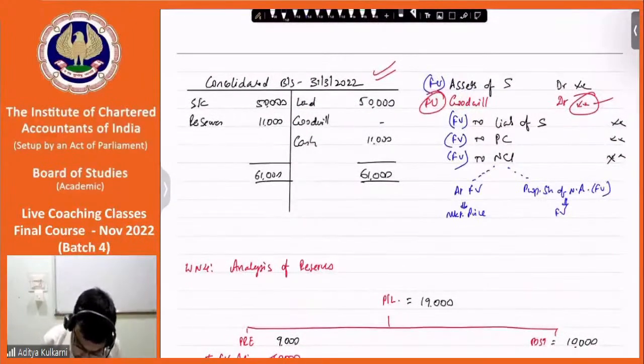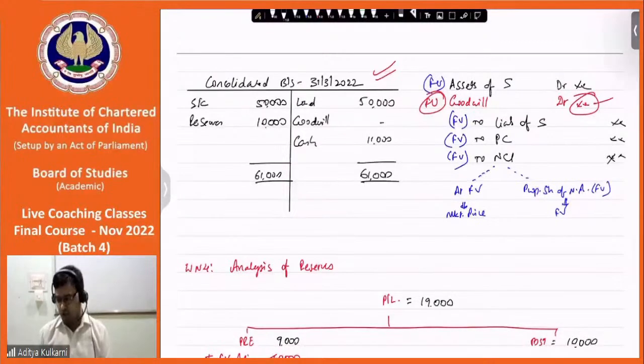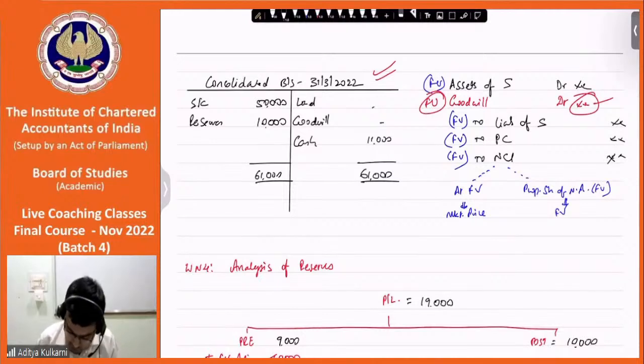So in my reserves, I will be having this appearing at 10,000. I will be having building now, which won't be at 50 because it is suffering a depreciation of 1,000.